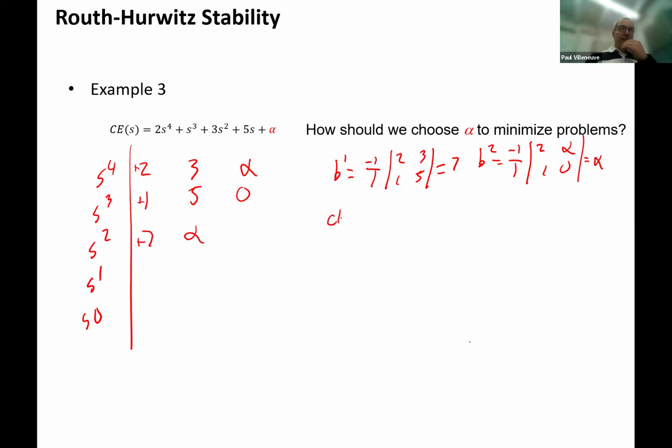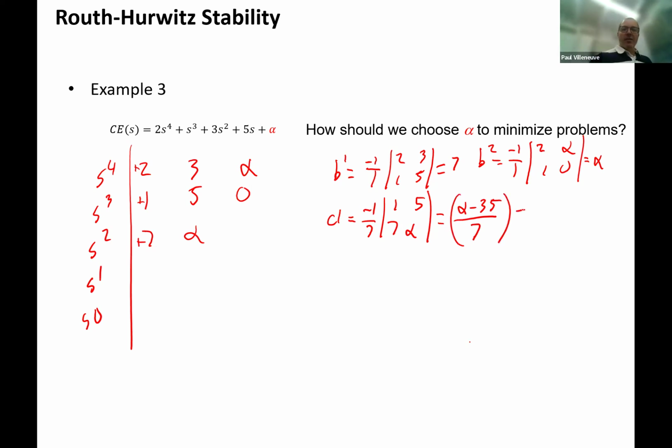Let's go to C1. Move down a row, so I have -1 over 7 times 1, 5, 7, and alpha. And that's going to be equal to alpha minus 35, correct? So alpha minus 35 divided by 7. And don't forget, I need the negative up front of it.